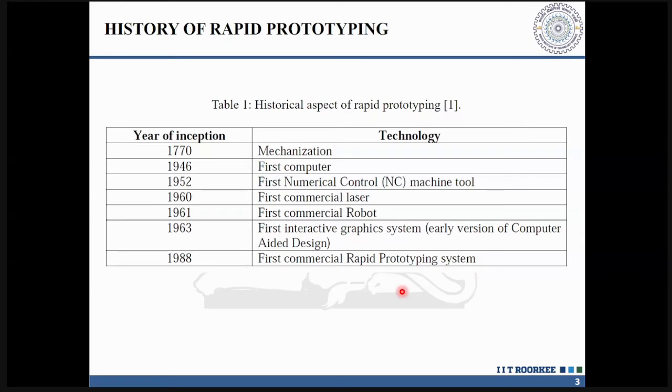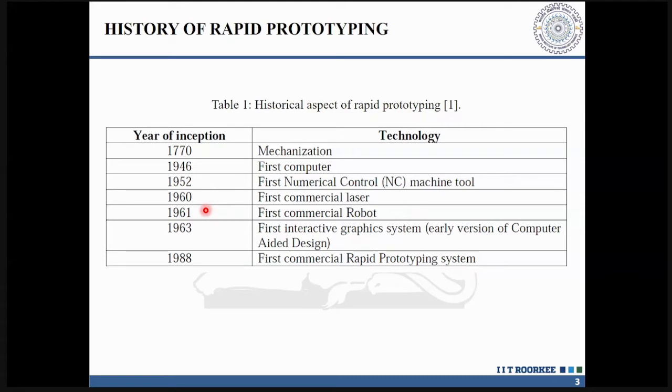In all the additive manufacturing and rapid prototyping techniques that we are using at present, they require some distinct inventions somewhere in some part of the world. For example, we require mechanization, computers, NC machines, robots, and lasers, which were independently incepted somewhere around 46, 52, 61.